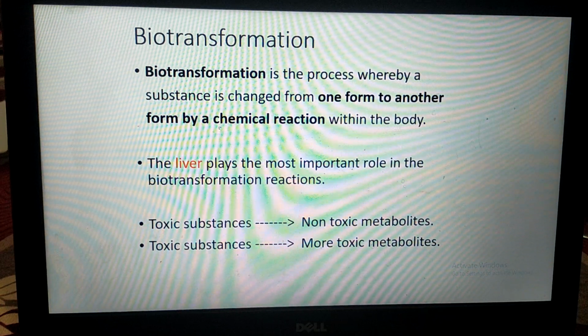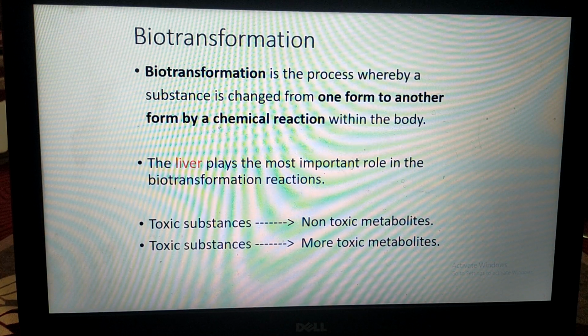Now, what is biotransformation? Biotransformation is a process whereby a substance changes from one form to another form by chemical reactions occurring inside the body. In this, the liver plays an important role.